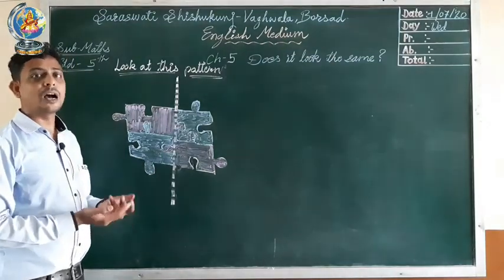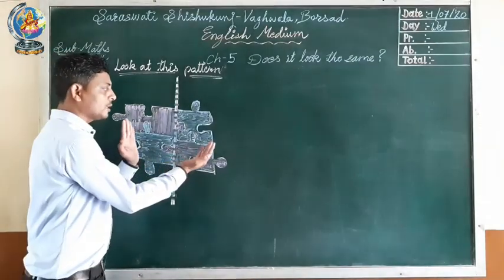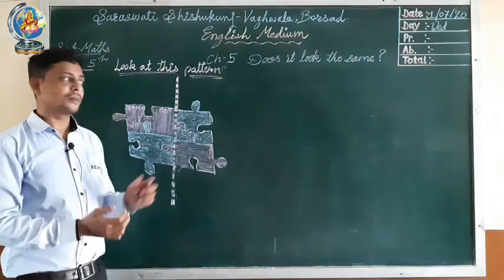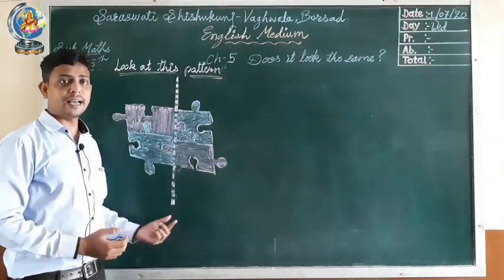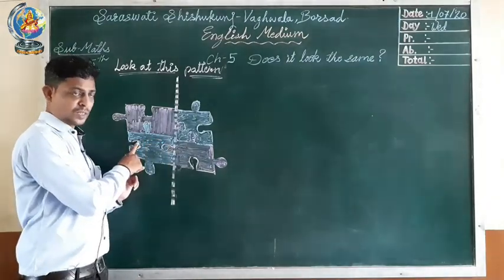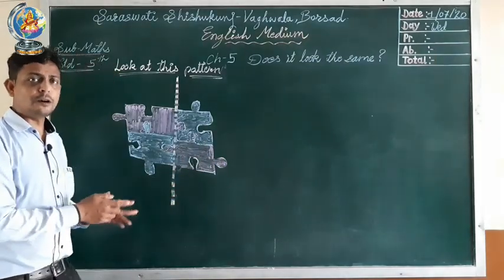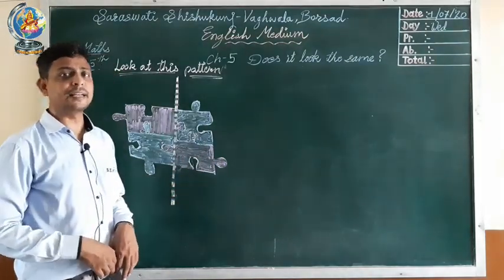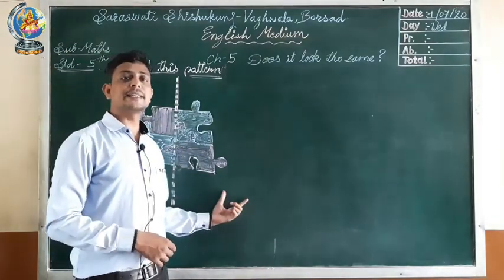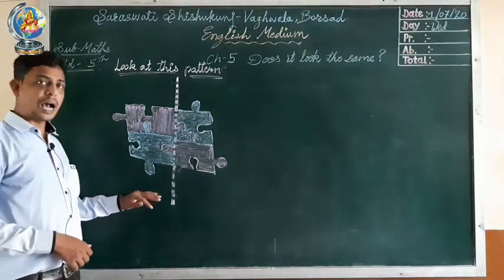For that, how will we find it? You have to fold these two shapes from the center or from the imaginary line, and see whether the left side covers the right side exactly. If you observe like that, you can find that the left side shape does not cover the right side shape, so it is not equal halves.